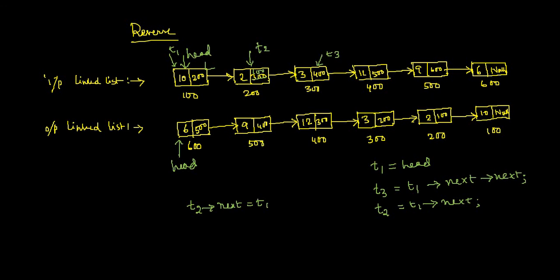Because T1 was pointing node of 100, so this one is node of 100, and T2 was pointing node of 200, so this one is 200, and I have written T2 next equal to T1, so next part of T2 must contain address of that is pointed by T1, and that is happening because next part of T2 is having this address which is pointed by T1 right now. T1 is pointing at 100. Is this clear?